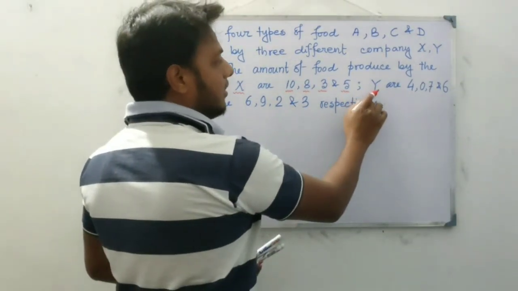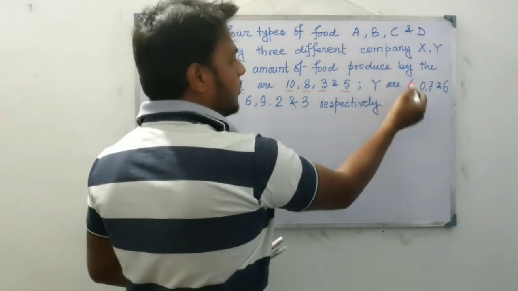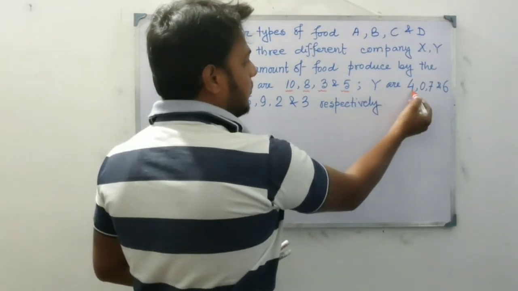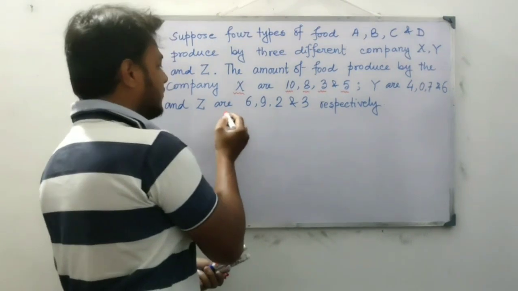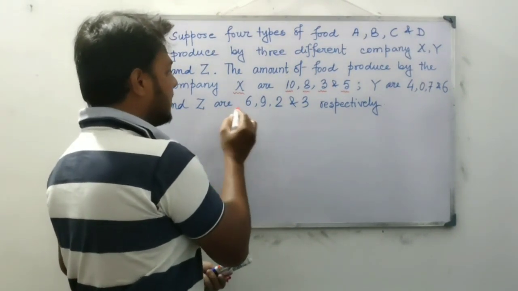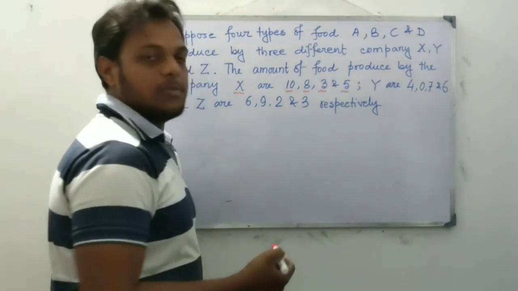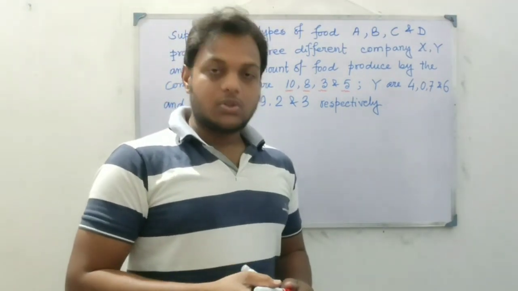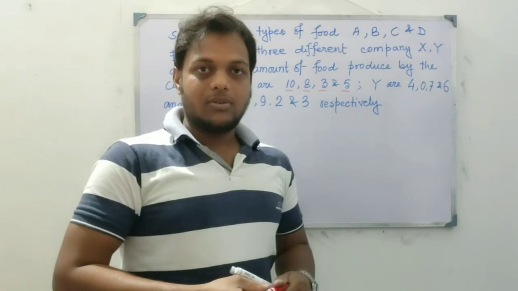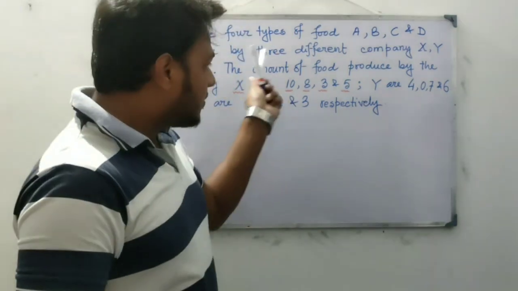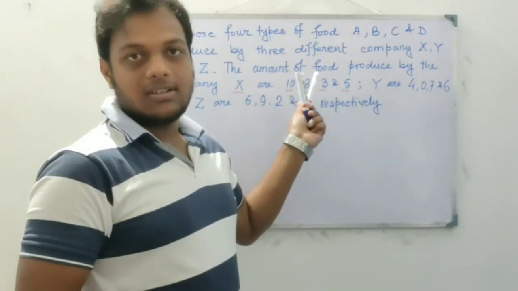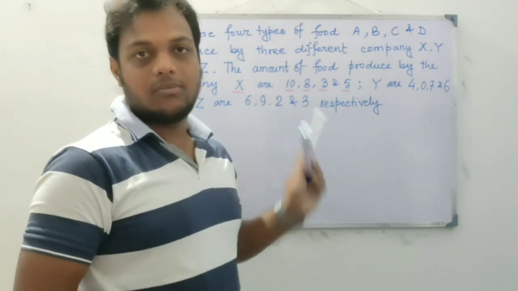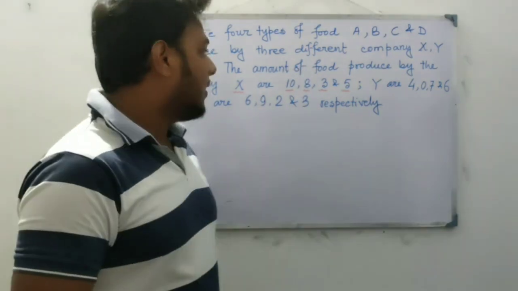Similarly, company Y produced these 4 types of foods in the amounts 4, 0, 7 and 6, and Z produced 6, 9, 2 and 3 respectively. So this is the information. Easily we can arrange this data orderly into a rectangular form.